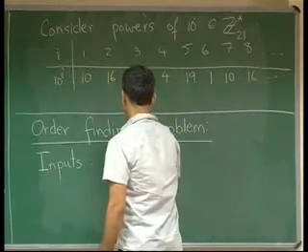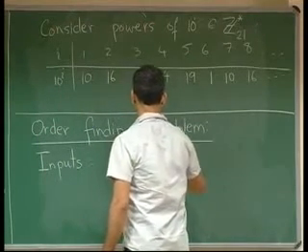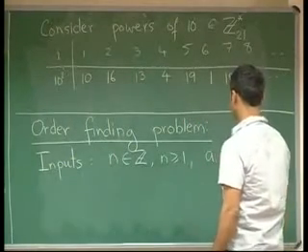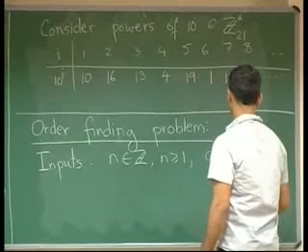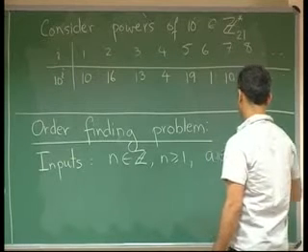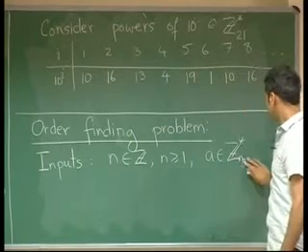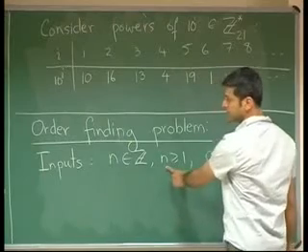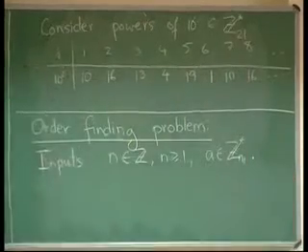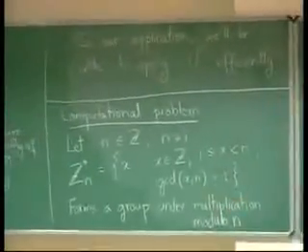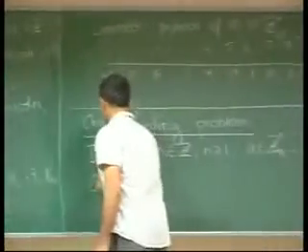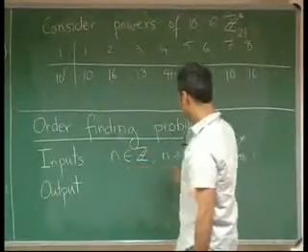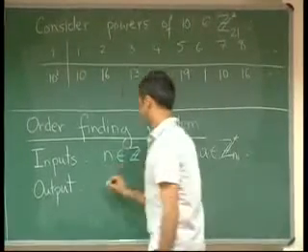One is an integer n, and the second one is an integer a, which is in Z star n. So this integer is between 1 and n minus 1 and has no common divisors with n. The output that we want is the order of a with respect to n.